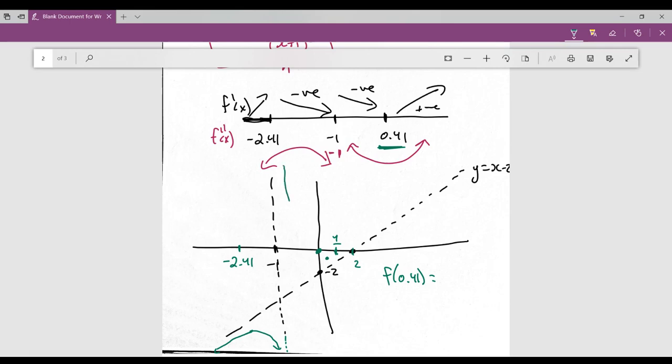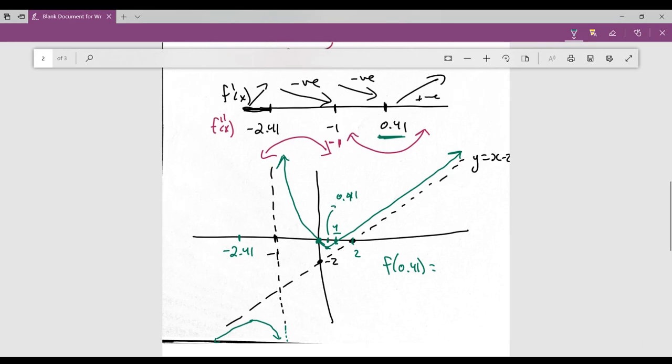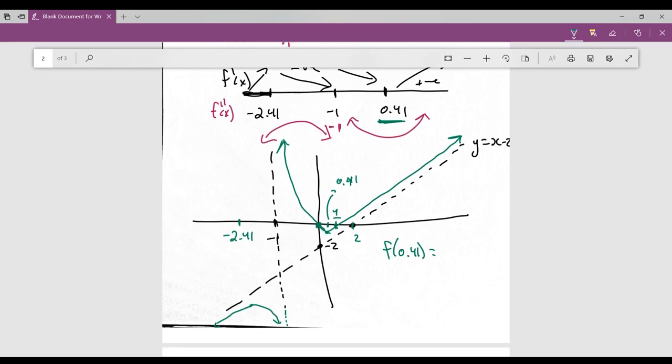So we come down through our min, so that's 0.41 up, and then it starts to go along the line like that. And this is a really big graph. And that little point there is 0.41. This is a really messy graph, and I apologize. But if you punch that into Desmos, you will see the actual graph.